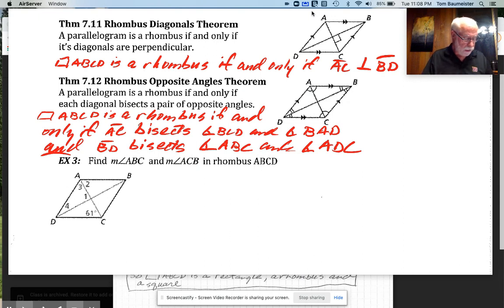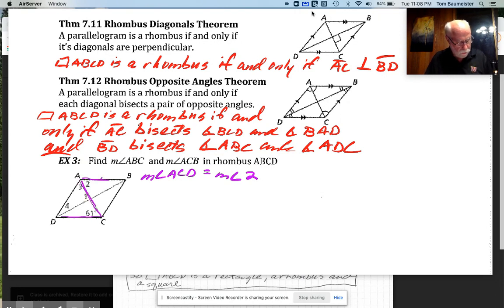Find the measure of angle ABC and the measure of angle ACB in rhombus ABCD. So on this one right here, we can state that the measure of angle ACD is equal to the measure of angle 2. Why? Here's ACD. It's a parallelogram.